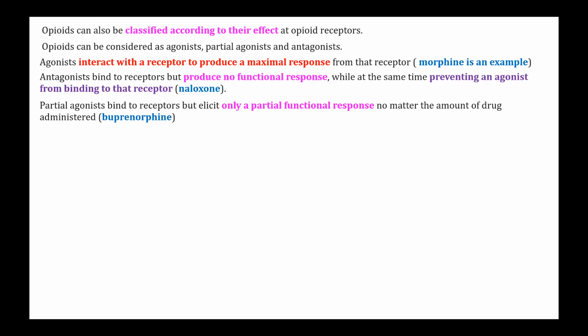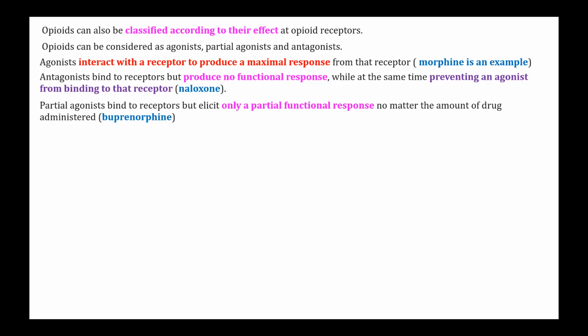Morphine, when you give more and more drug, what will happen? Will the analgesia become more intense or less intense? Less intense. Then why do you keep on giving high doses for palliative pain, cancer pain? Buprenorphine is a partial agonist, sir, so it will not increase the analgesia.